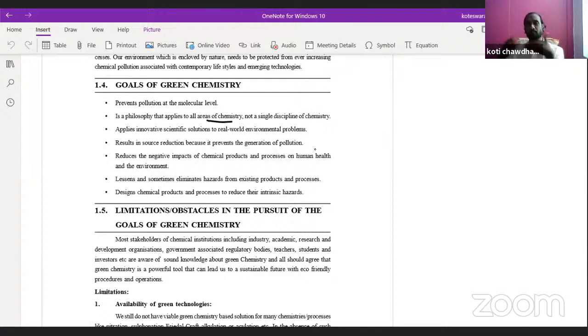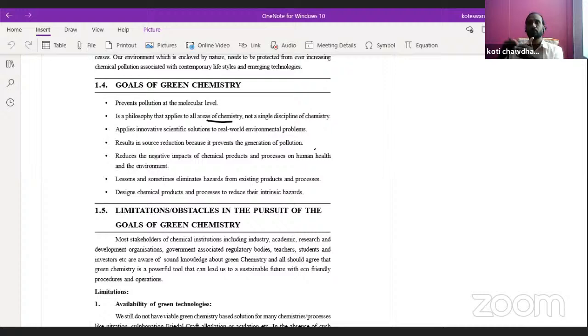Next, lessen and sometimes eliminate the hazard from existing products. We have several millions of chemical compounds that we synthesize and use in several manners. These are all well-known procedures. Even so, during synthesis and production we get so much hazardous wastage, and due to that reason those procedures are sometimes treated as not suitable for production.